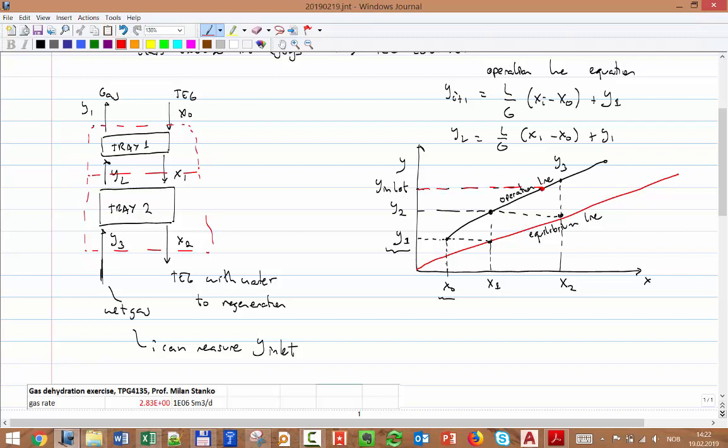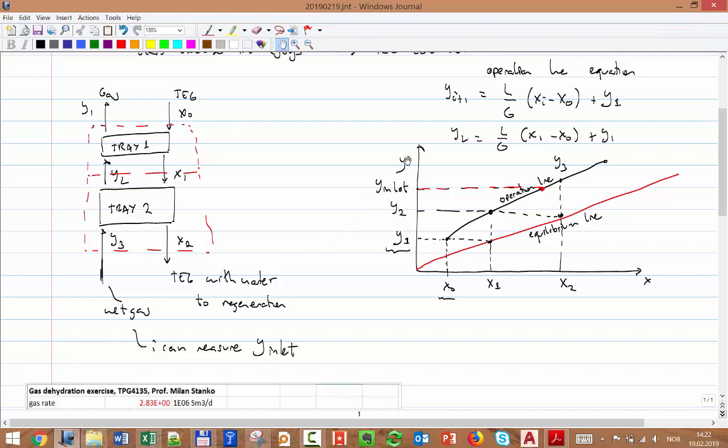Well, that means that to achieve this Y1 with 2 stages, I should have a gas which has even higher water content than what I actually have. That means that when I use Y inlet, I'm going to achieve a fraction which is lower than what I need, because that's really what I have.